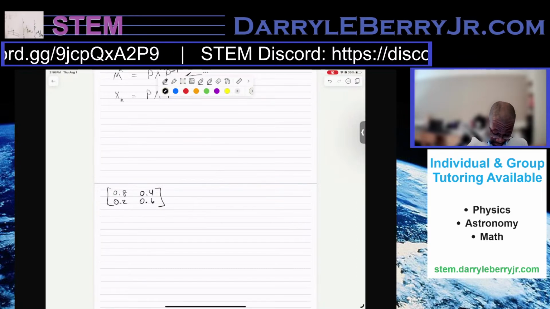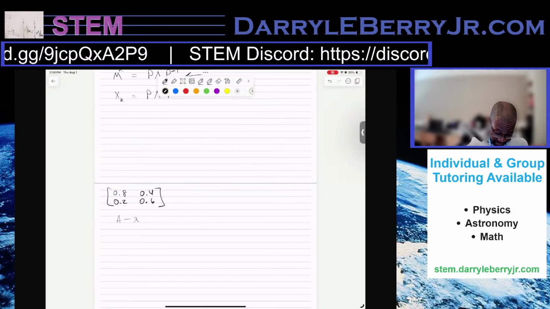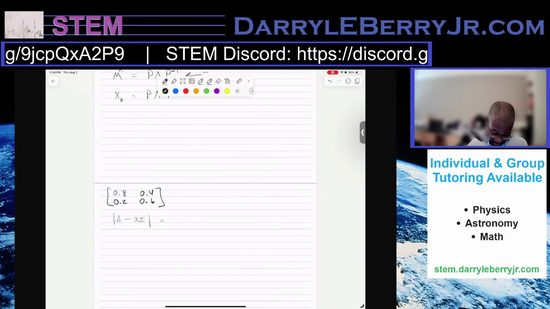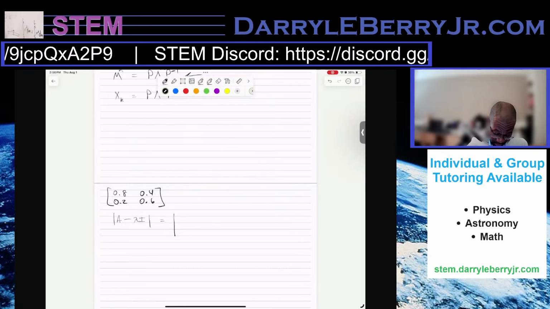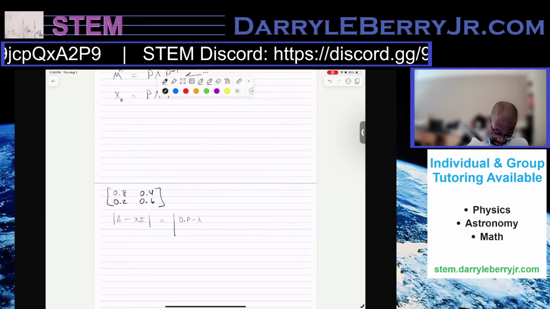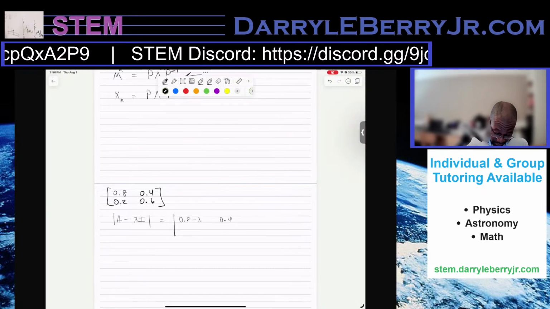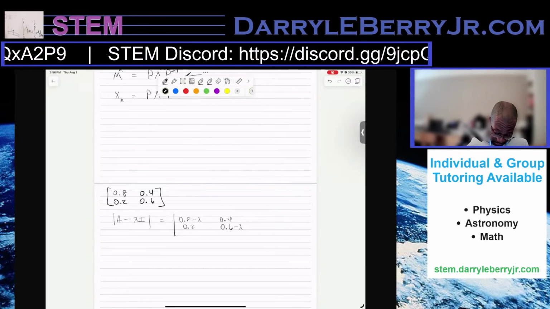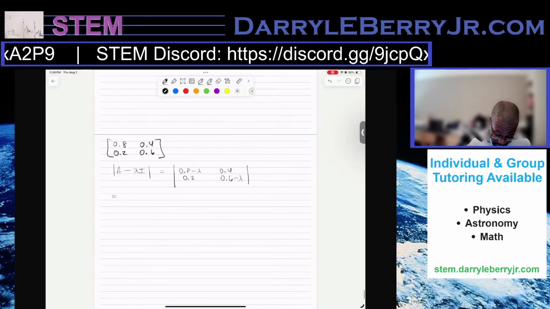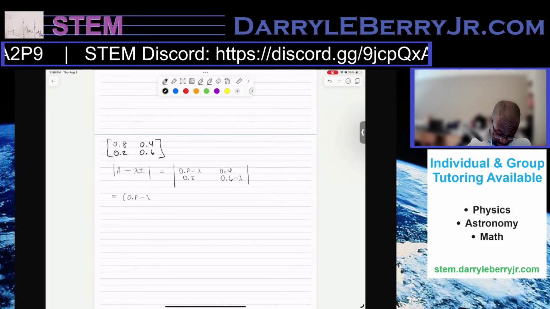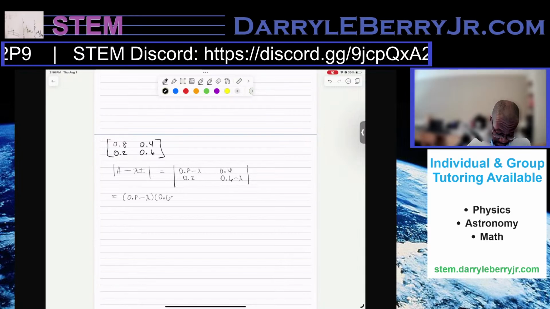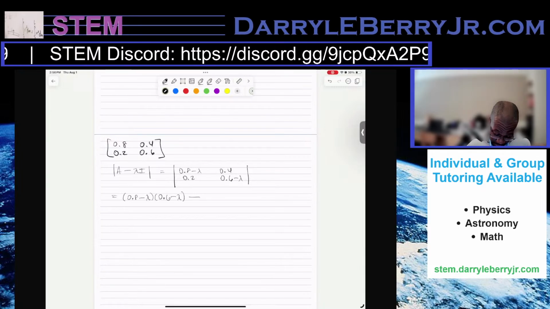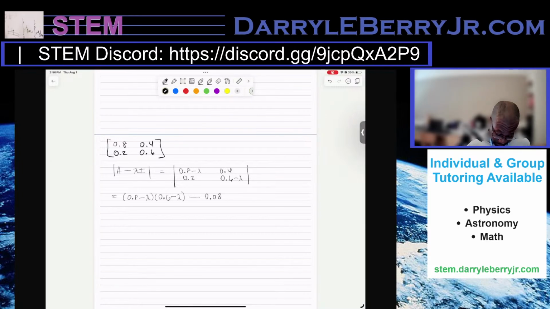So I have A minus lambda I, determinant of that, equals determinant of 0.8 minus lambda, 0.4, 0.2, 0.6 minus lambda. So that equals 0.8 minus lambda times 0.6 minus lambda, minus 0.08.